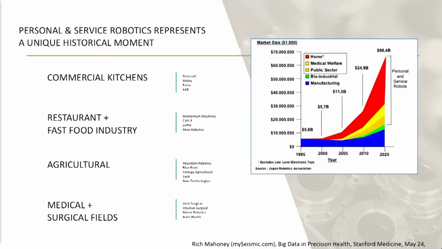If you look at some of these companies that I'm listing here in some of these application areas, part of this is being driven by the fact that robotics technology is dropping dramatically in price. There's a lot more opportunities to commercialize. It's also being driven by labor gaps across all of these industries.